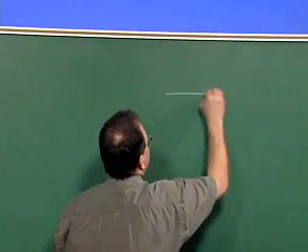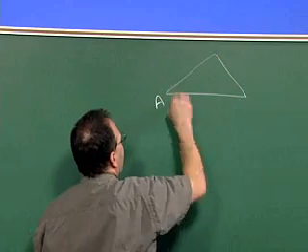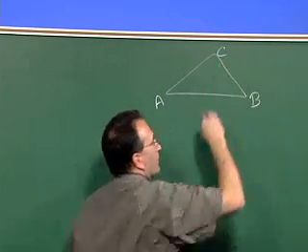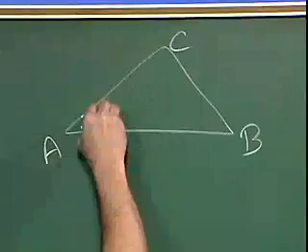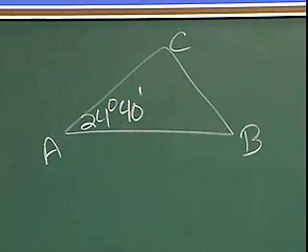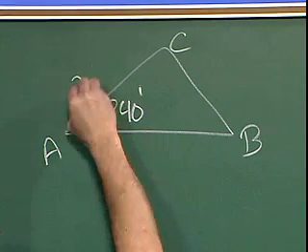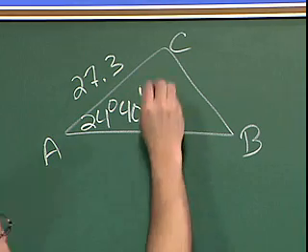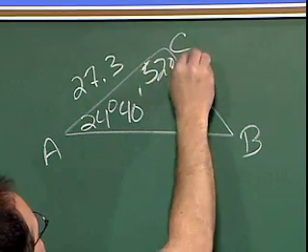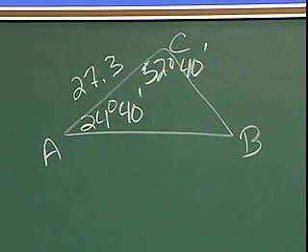Let's draw a sketch to make sure we see where we're going with this problem. So we have triangle ABC, where we're given that angle A is 24 degrees 40 minutes. We're given that side B is equal to 27.3, and we're given that angle C is 52 degrees 40 minutes.